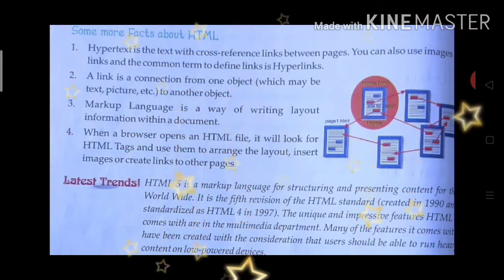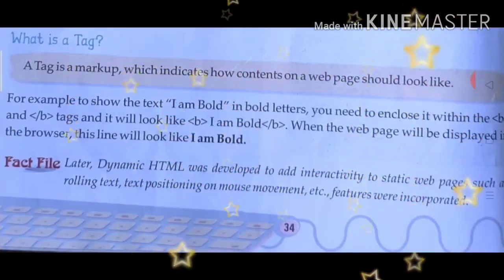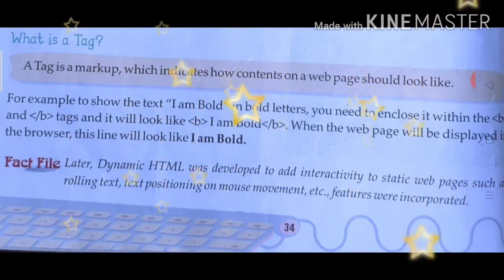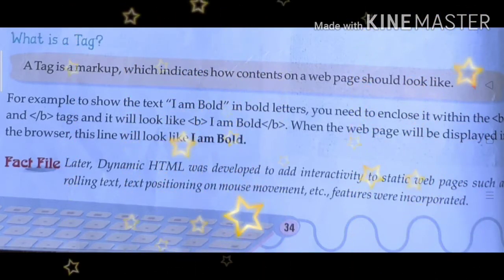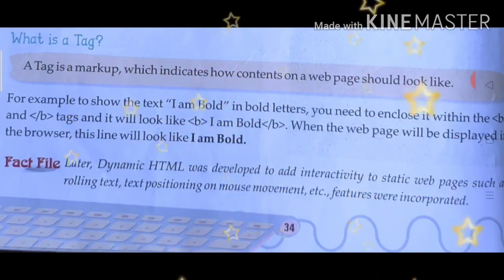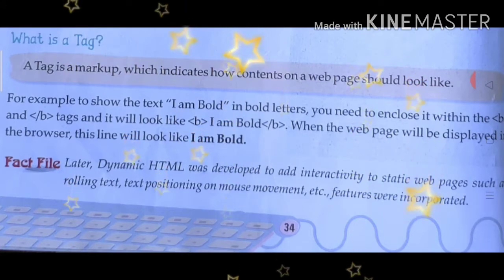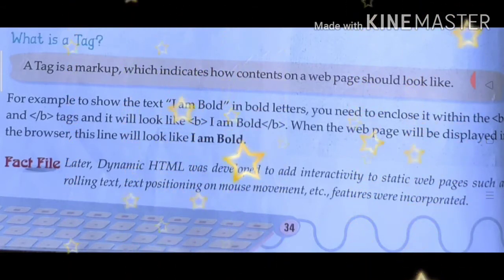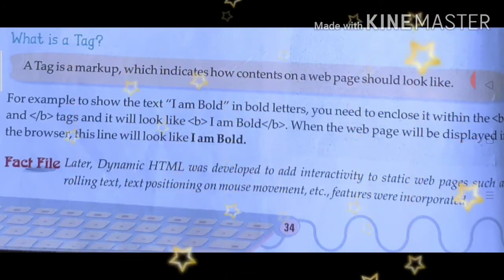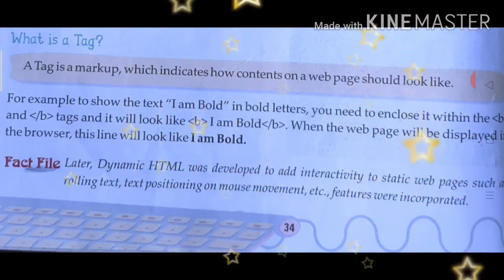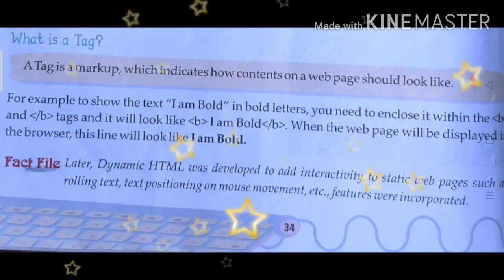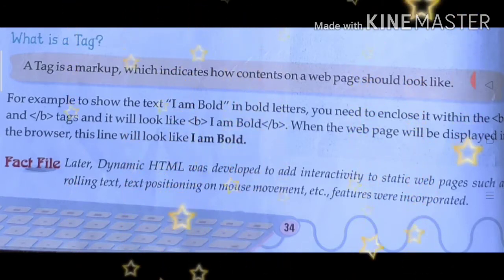Let me move to the next topic. What is a tag? A tag is a markup which indicates how contents on a web page should look. For example, to show the text "I am bold" in bold letters, you need to enclose it within the <B> and </B> tags, and it will look like <B>I am bold</B>.